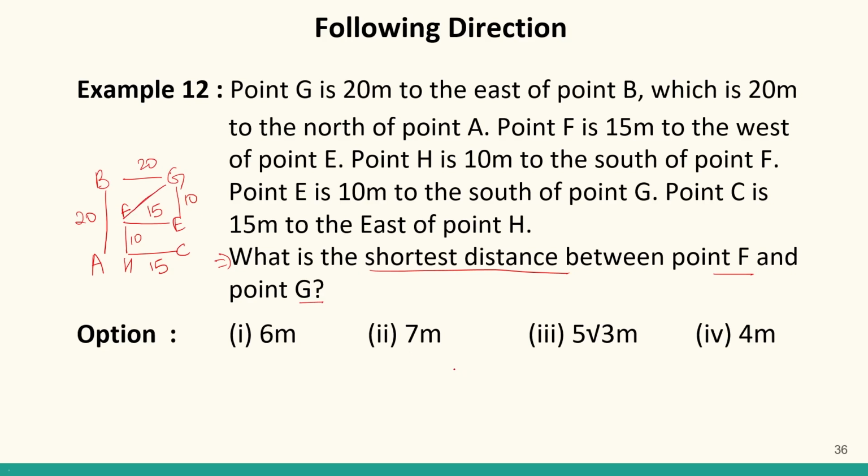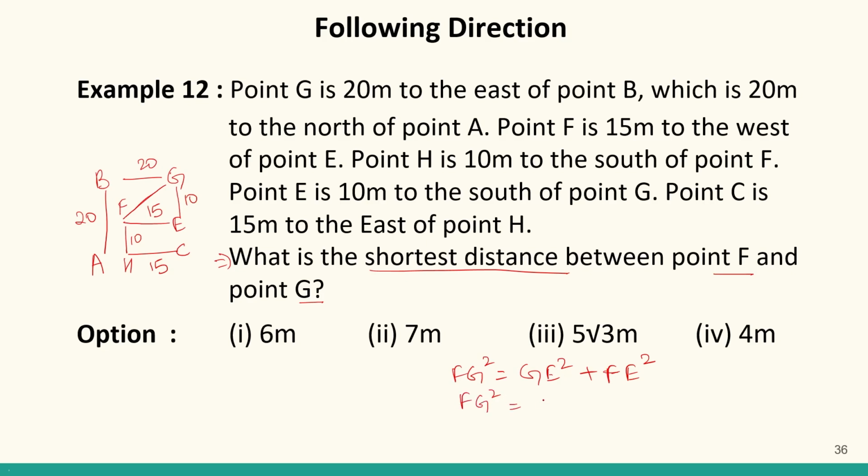So we know FG square using the Pythagoras theorem. FG square will be equal to GE square plus FE square. This is what we know from Pythagorean theorem or Pythagoras theorem.